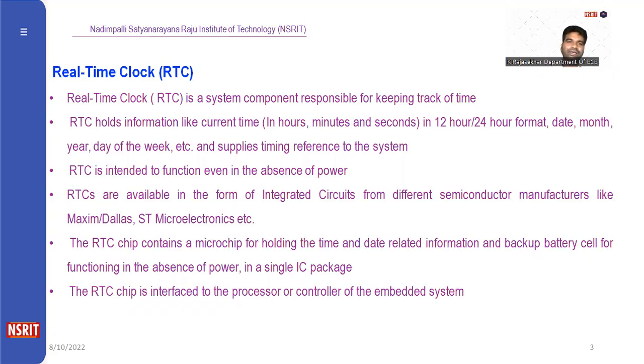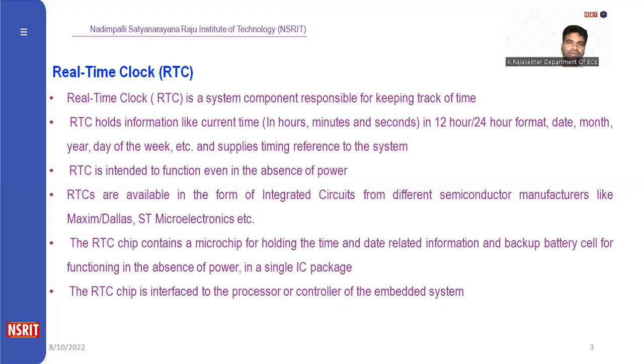This real-time clock holds information like current time in hours, minutes, and seconds in either 12 or 24 hour format, date, month, year, day of the week, etc., and supplies the timing reference to the system.